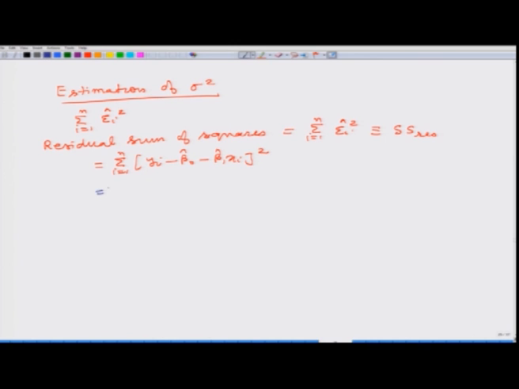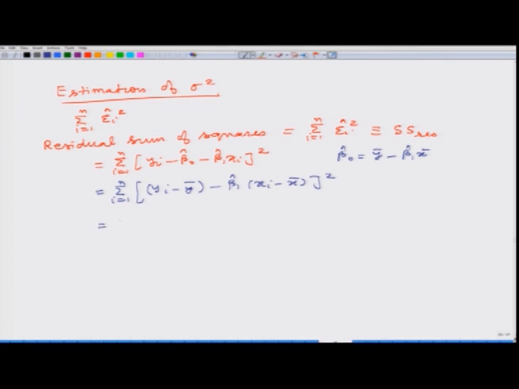I can now substitute the value of beta 0 hat, which is equal to y bar minus beta 1 hat x bar, and then this becomes yi minus y bar minus beta 1 hat times xi minus x bar, whole square.